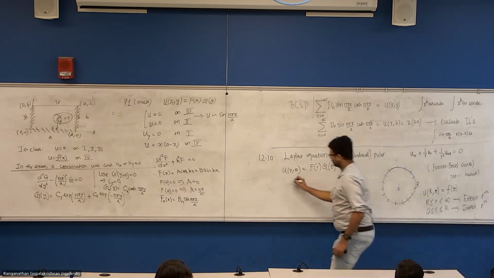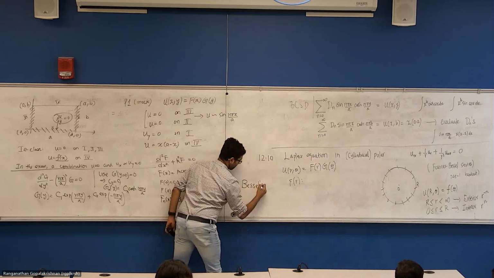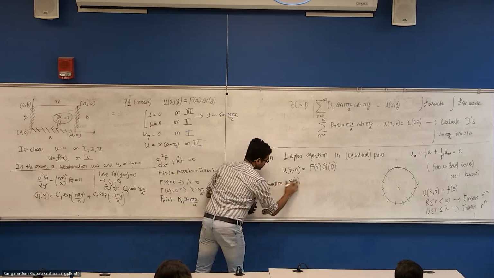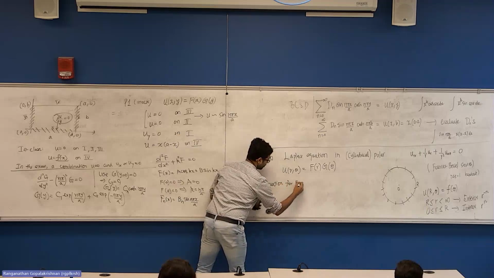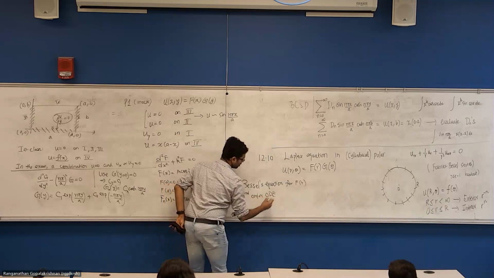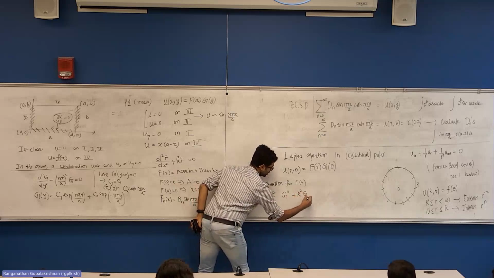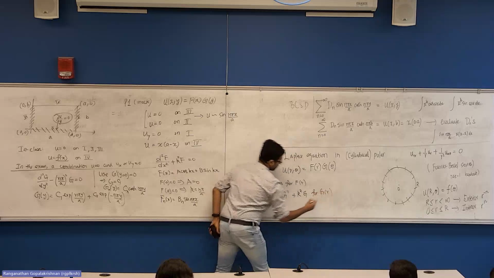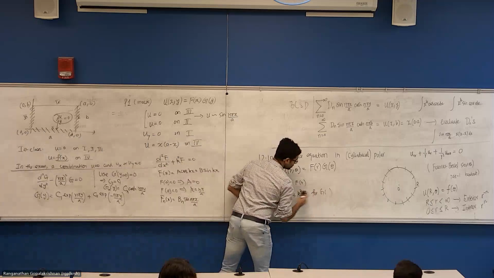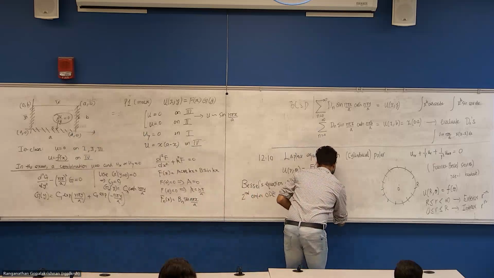For F of r, you are going to get a Bessel's equation, and a second order ODE of the form G double prime plus some k squared times G for G of theta. That's what you will get.